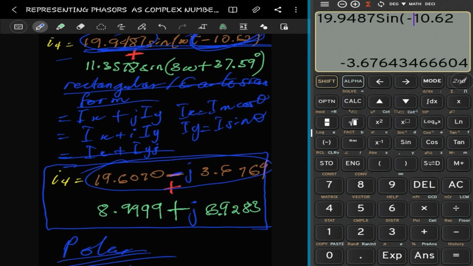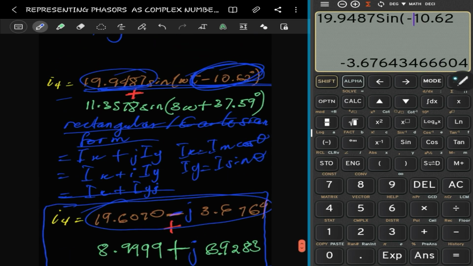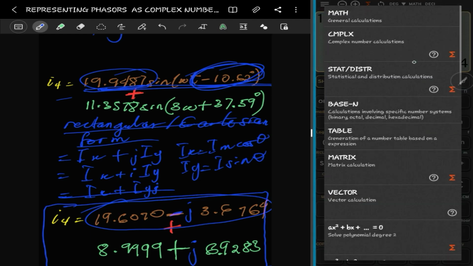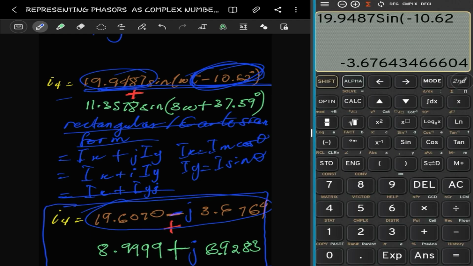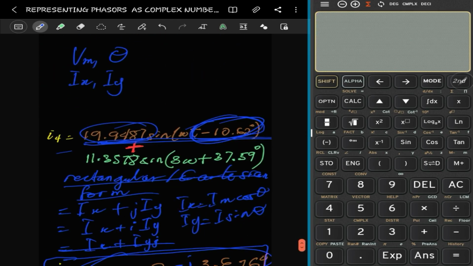But when it comes to the rectangular form, let's see. What you have to do is that you go to mode, right, and you go to complex, right, because you're representing them in complex forms. And then the Cartesian form, where is it? We clearly said that we have an x component and then a y component, right? Which is j, could be i, right?